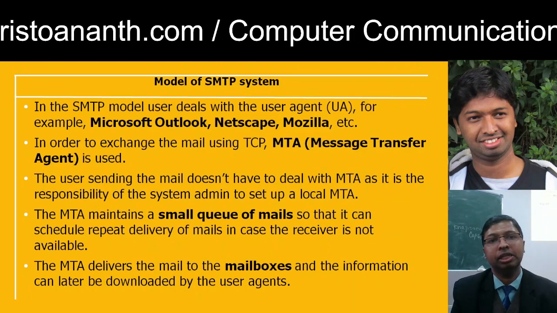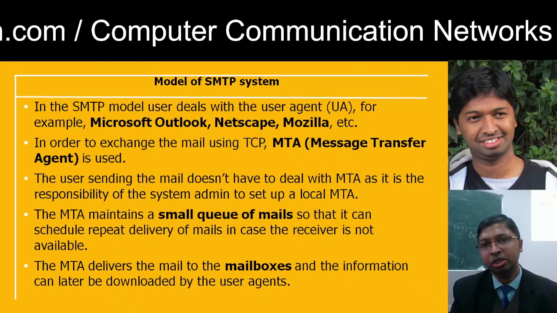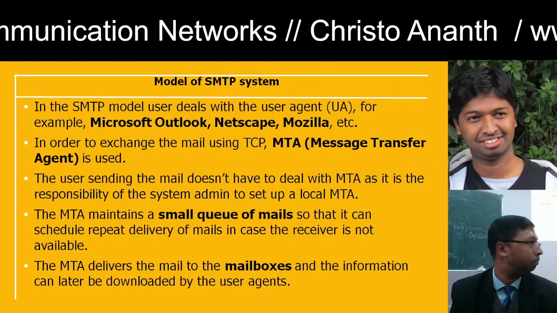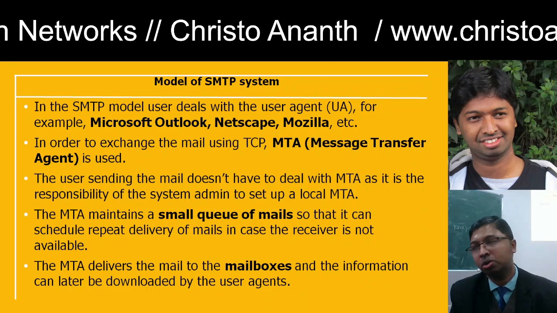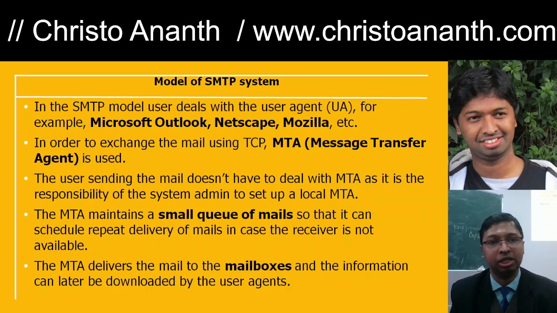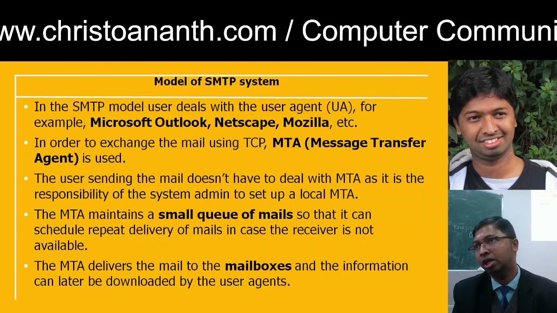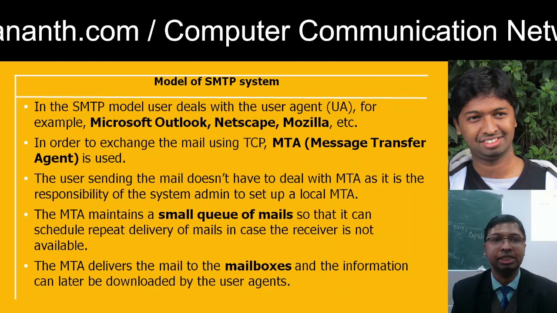In the SMTP model, the user deals with the user agent, that is UA, for example Microsoft Outlook, Netscape or Mozilla. To exchange the email using transmission control protocol, you use the MTA, message transfer agent.